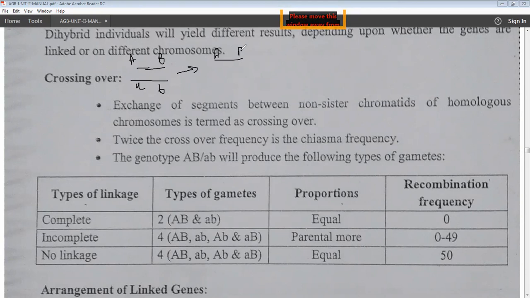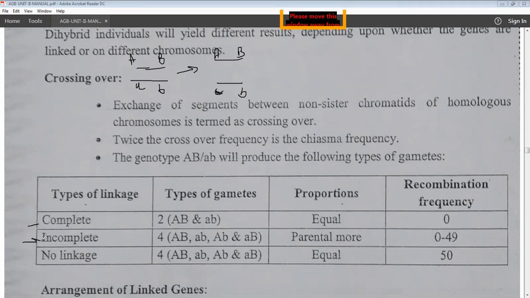One is like this, another is a and b. Because these both are linked with each other, they come into this form. Okay, this is complete linkage. Only these two kinds of gametes.